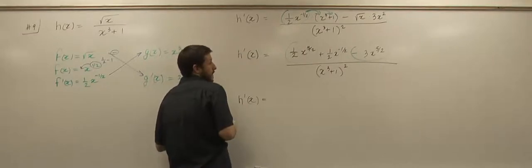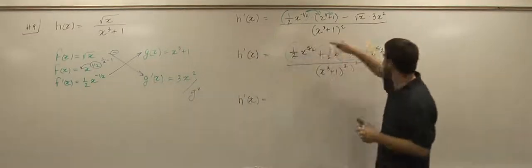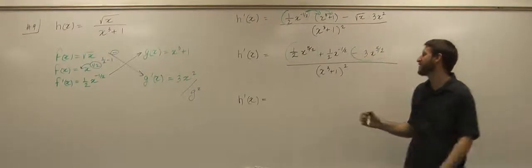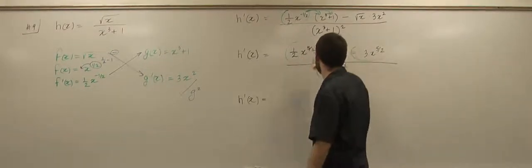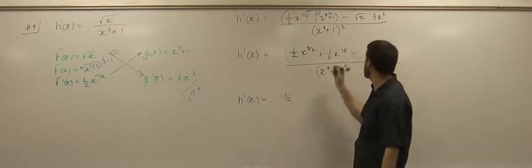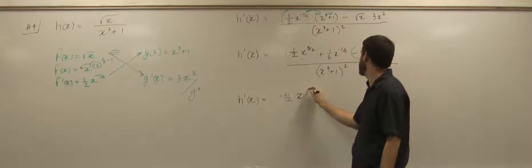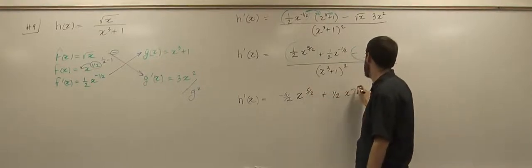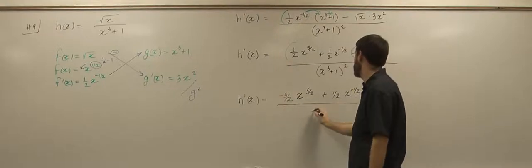Negative 5 over 2. Yeah, so again, you have 1 half and 3, which is 6 over 2. So if you do 1 half minus 6 over 2, you get negative 5 over 2. So you have to add these two, negative 3 and 1 half. So you get negative 5 halves x to the 5 halves, plus 1 half x to the negative 1 half, over.